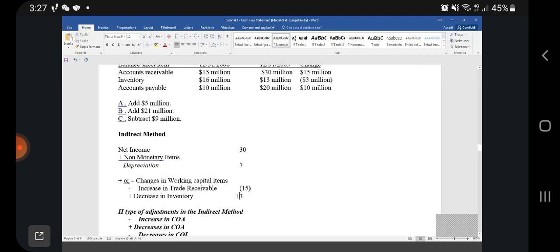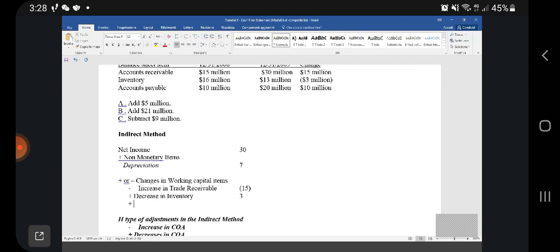Do not just take the amounts and put them there without thinking. For example, the accounts payable have been increased from one year to the other. So I think if I have an increase in a liability, that means that I've kept the money in the company, and that has a positive impact for the cash position of the company.